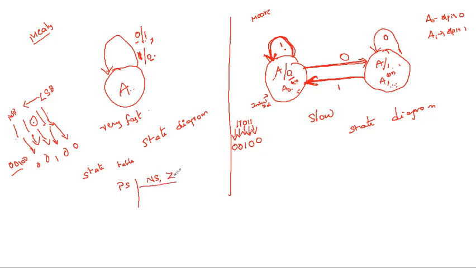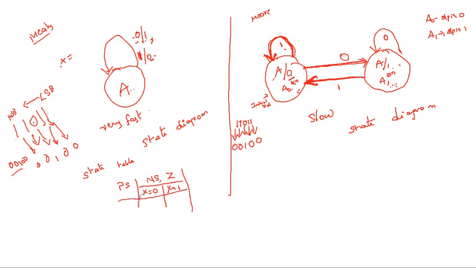The next state and output depend on input only: X is equal to 0 and X is equal to 1. We have only one input, a single variable, denoted with X. X may be 0 or 1.